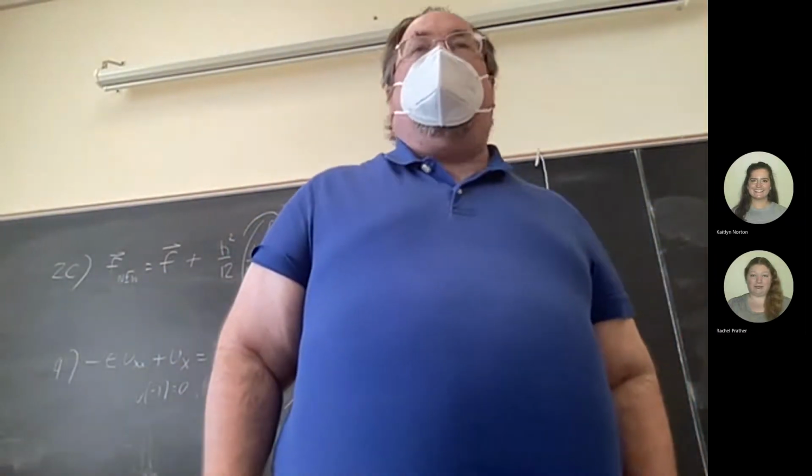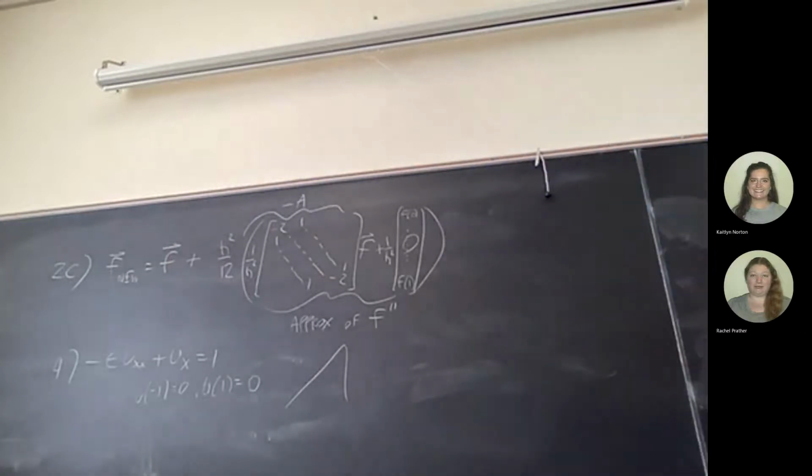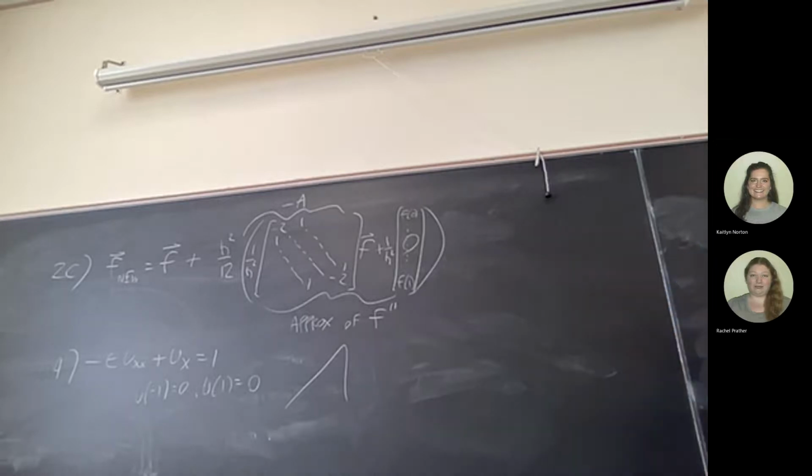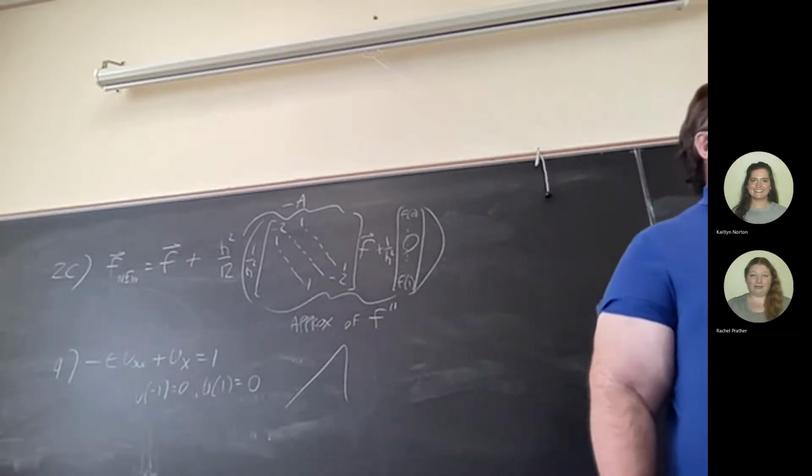Do we multiply by epsilon before removing the rows and columns? Well, since it's just a scaling factor, that part won't matter. But the thing I had to make sure of is that, for the minus epsilon uxx part, you square the differentiation matrix first before you remove the first and last row and column.